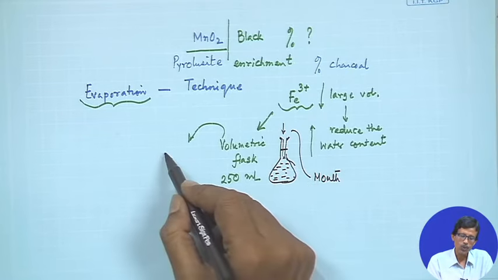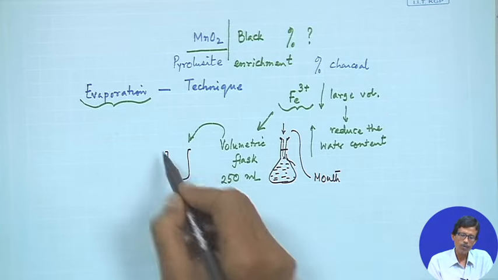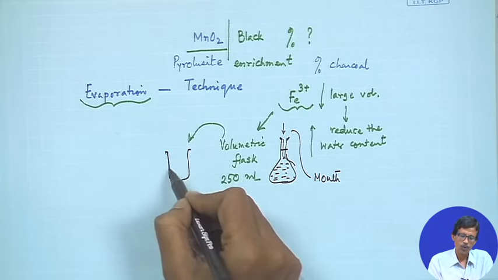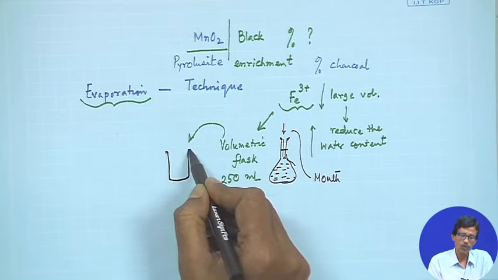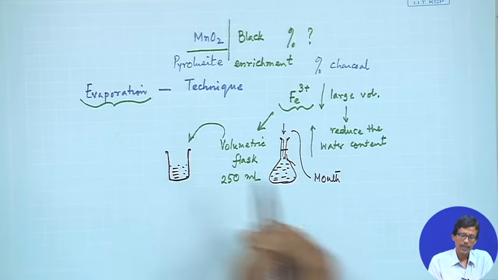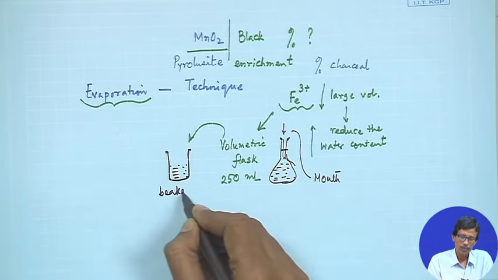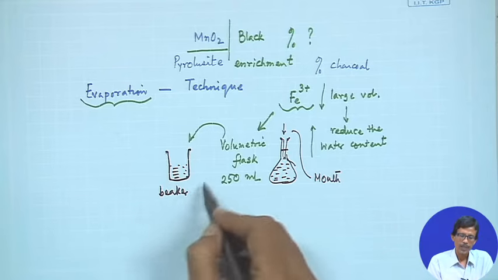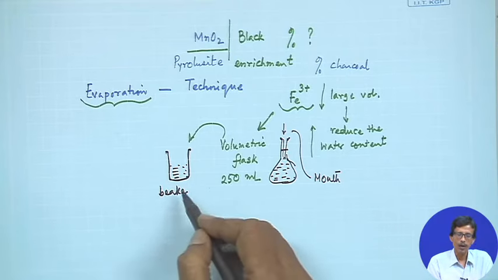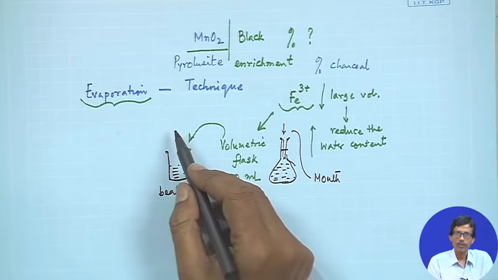So, what we can do is transfer the whole 250 milliliter solution to a beaker where the mouth is large. Then we put the beaker over a Bunsen flame and go for the evaporation.